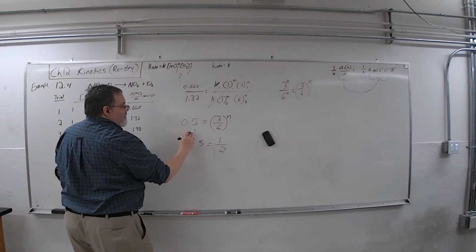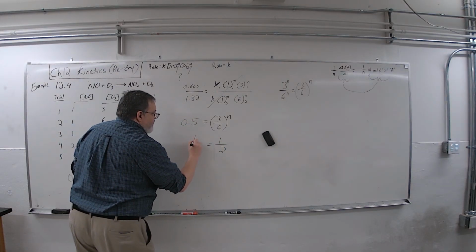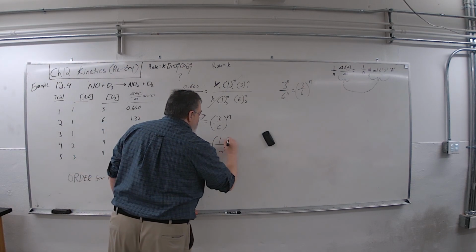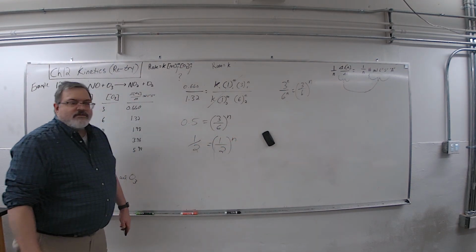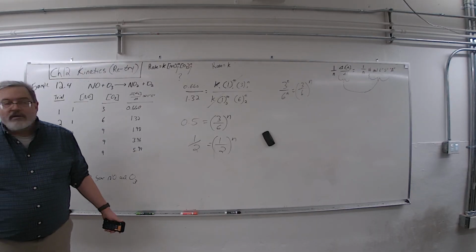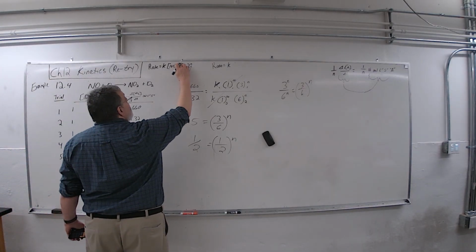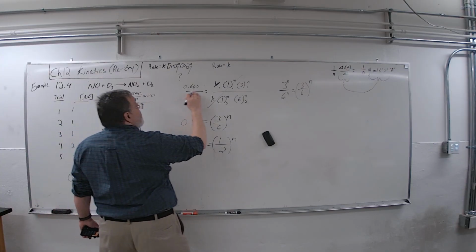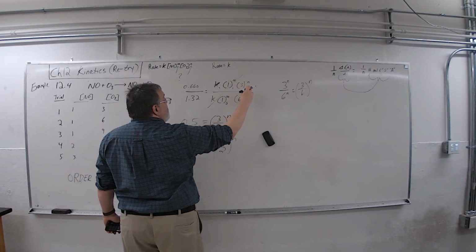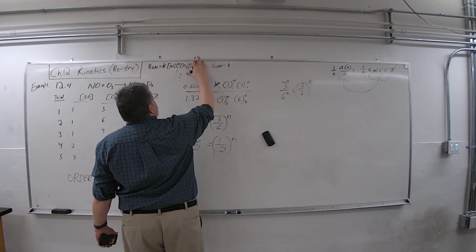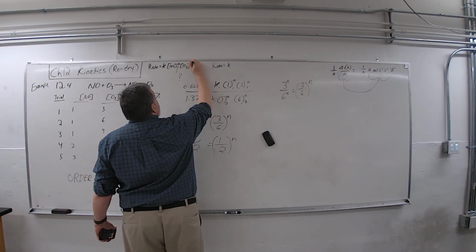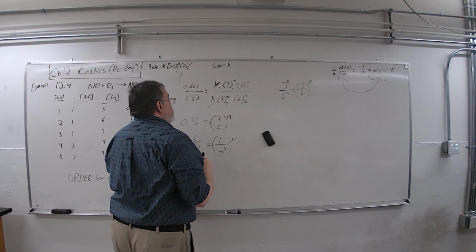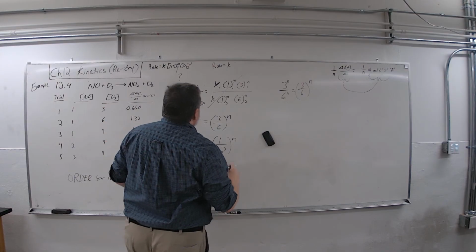Let me write the 0.5 as a 1/2. So now it's obvious what n is. N has to be 1. So we got 1 out of them. No, wait. We kept NO constant, so what we just found was, we solved for n, so it was this. So that's a 1. So it's first order with respect to O3.